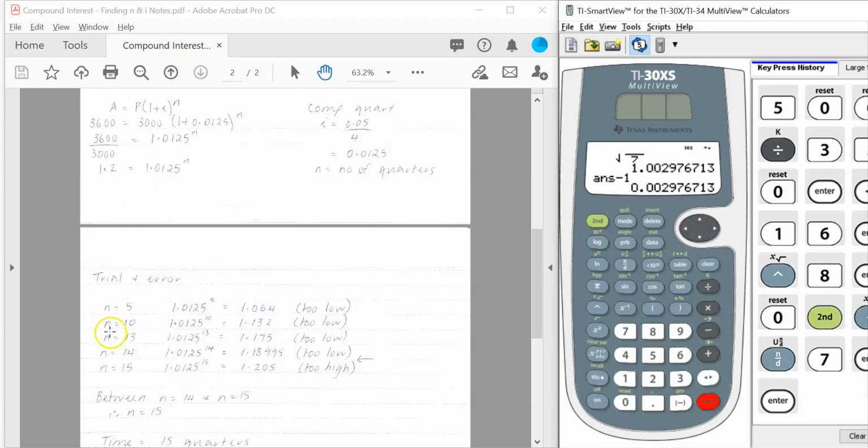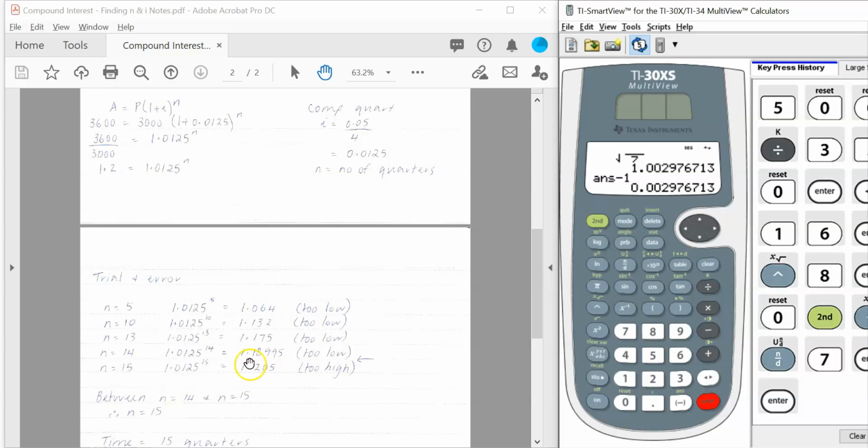So for my next trial, I've gone to n equals 10, substituted that value in again, and I'm getting 1.132. Still too low because I'm looking for 1.2. I've gone now to n equals 13 because I was getting closer to 1.2 here, so I didn't really want to go too high. N is 13 and I'm getting 1.175, still a little bit low.